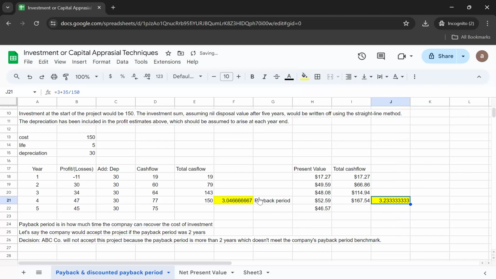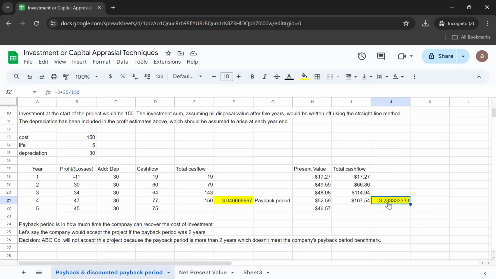So it's 3.23 something years, right? Again, the company will not accept because the benchmark here is 2 years, let's say, unless the company adjusts the benchmark period. Generally speaking, you won't see companies actually using a payback period or discounted payback period very often to make their decisions.